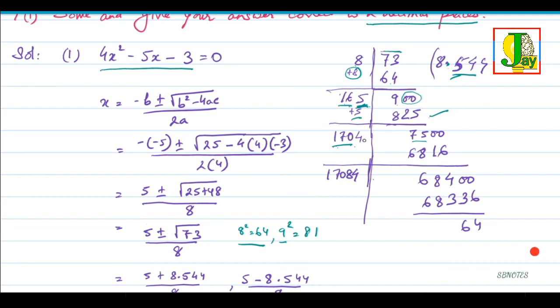Okay, 1704 here I have taken, so 1704 into 4, I get 6816. If I take 1705 into 5, it goes beyond this. Okay, so these things you have to practice a little bit so that you know by what number you are going to multiply. Okay, so 6816, once you subtract, you get 684.